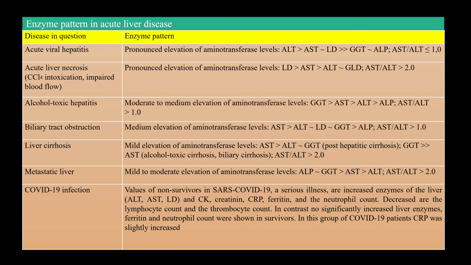Enzyme patterns in liver disease. The table shows ALT elevation in alcohol toxicity, hepatic and biliary tract obstruction, liver cirrhosis, and liver infection. In COVID-19, non-survivors with severe illness showed increased liver enzymes ALT, AST, and CK, creatinine, and CRP, with an increase in neutrophil count and a decrease in lymphocyte and thrombocyte counts.